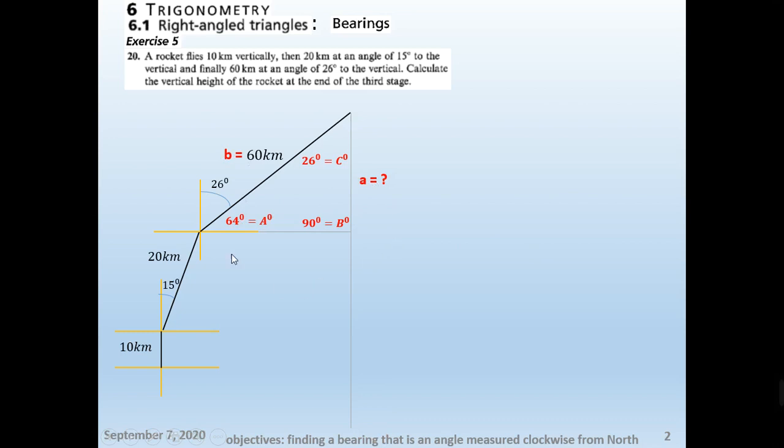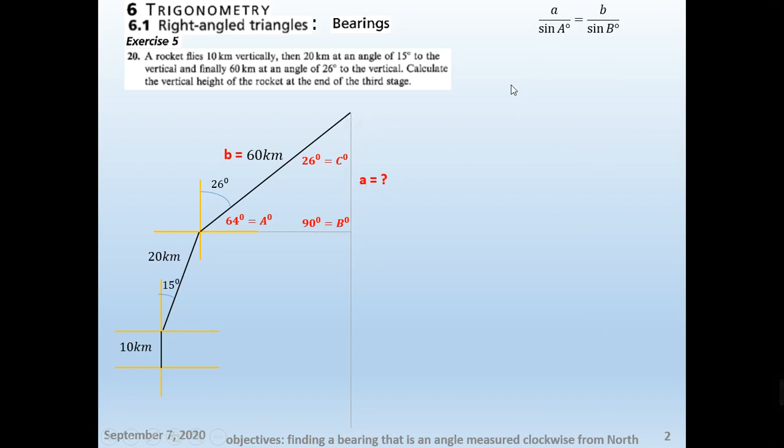Perfect. So I have here known angles, and I have only one side that is known, and I need to find this vertical side. So I'm going to use the sine rule to find the vertical side.